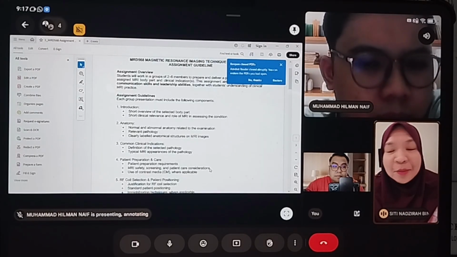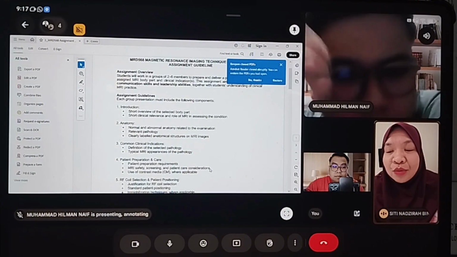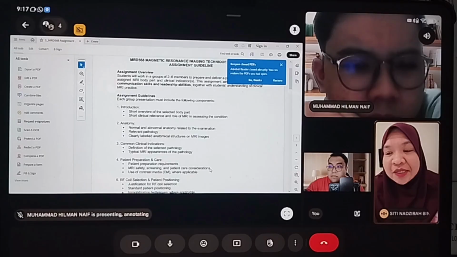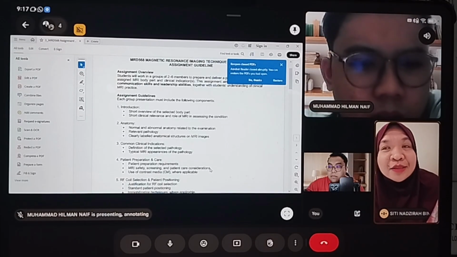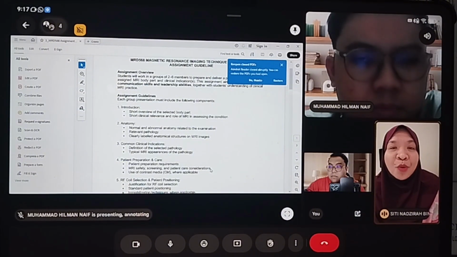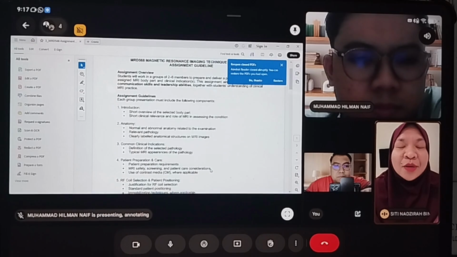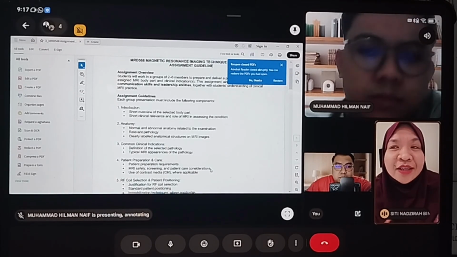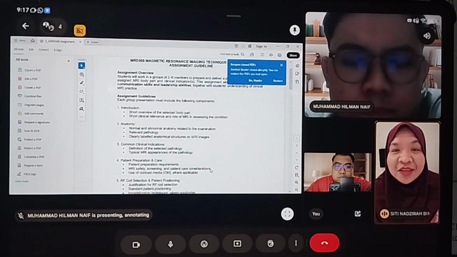MRI neck and spine has many sequences, so we should explain clearly. The topic is quite broad, so we should be more specific about what kind of anatomy and what kind of pathology indicates MRI neck and spine, right? Yeah.